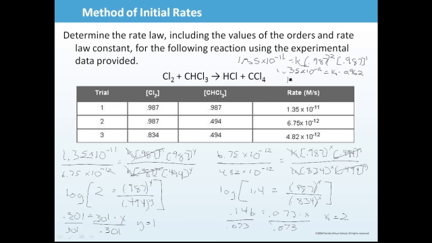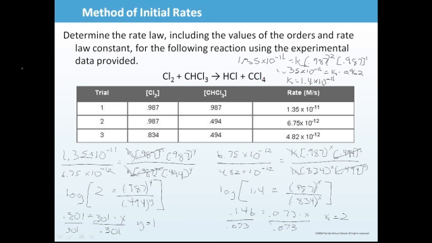Alright, so we divide both sides by that value to get K. So we got 1.35 times 10 to the negative 11 divided by 0.962. And that gives us a K value of 1.4 times 10 to the negative 11.